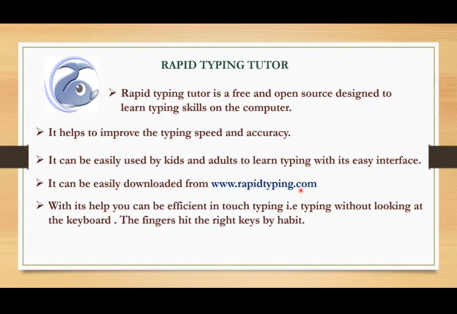It helps you become efficient in touch typing, that is typing without looking at the keyboard. In the beginning you will face problems in typing. Slowly, gradually, when you learn the position of all the keys, your fingers automatically hit the right keys by habit.